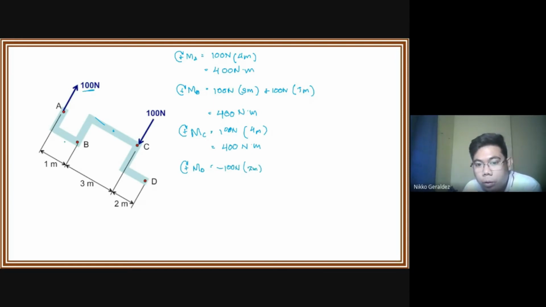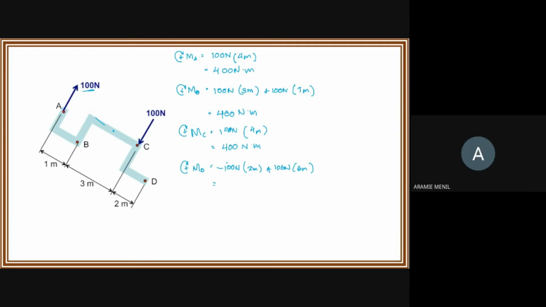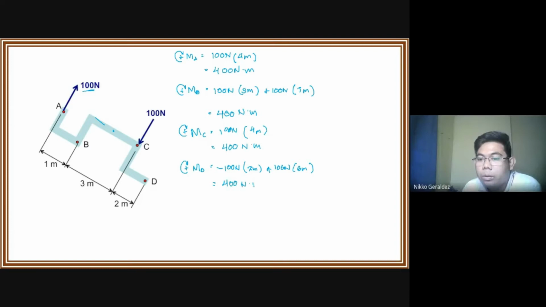Then the 100 Newton at point A produces a clockwise moment, so positive 100 Newton times the perpendicular distance, which is 2 plus 3 plus 1, so that is 6 meters. So the moment is equal to 400 Newton meters. The magnitude of the couple moment we computed is the same.